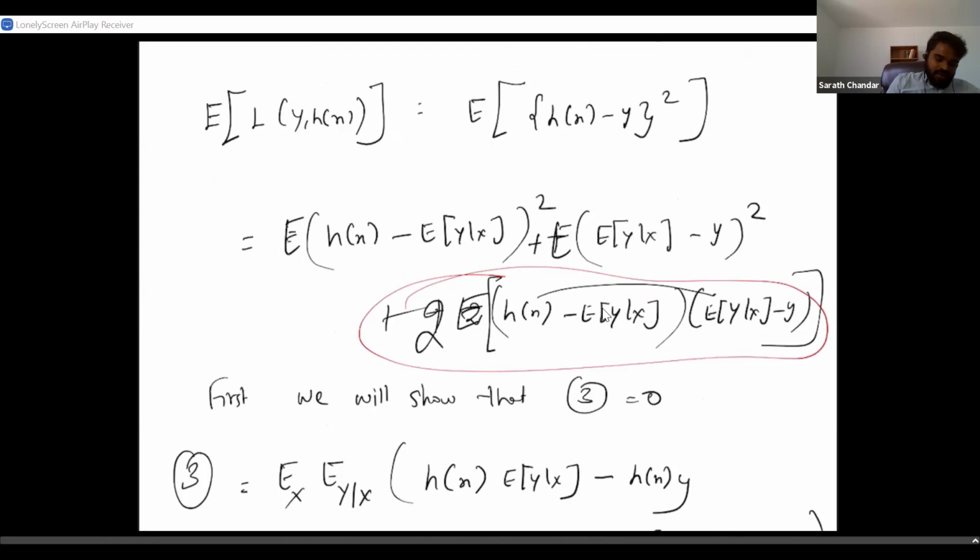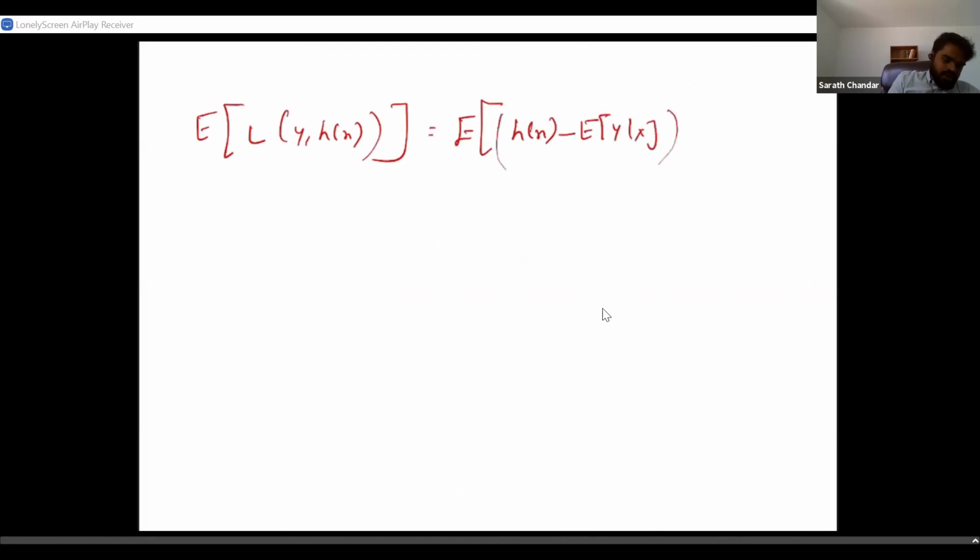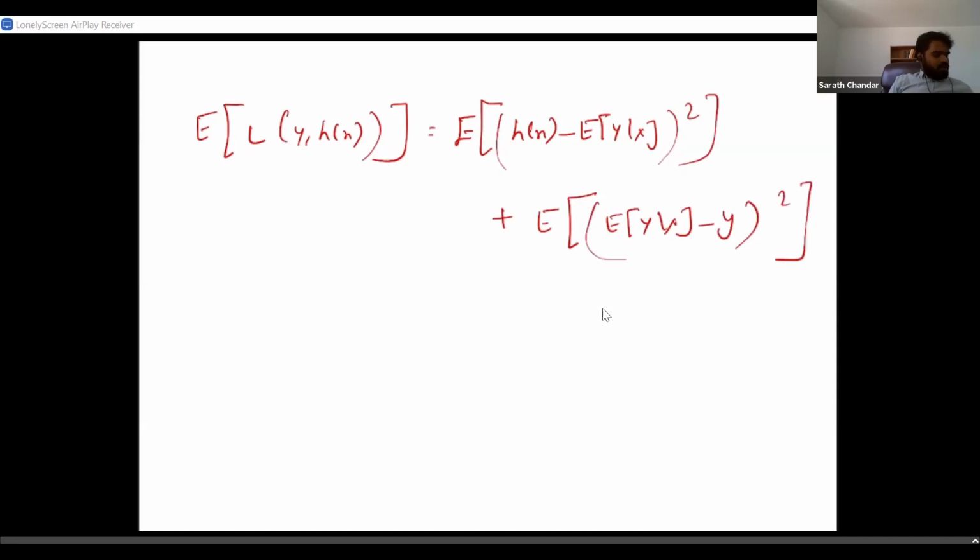Let me rewrite that again. The expected value of the loss is given by the expected (h(x) minus E[y|x])^2 plus the expected (E[y|x] minus y)^2. Now let's call this the first term and this the second term. We're going to minimize these two terms.